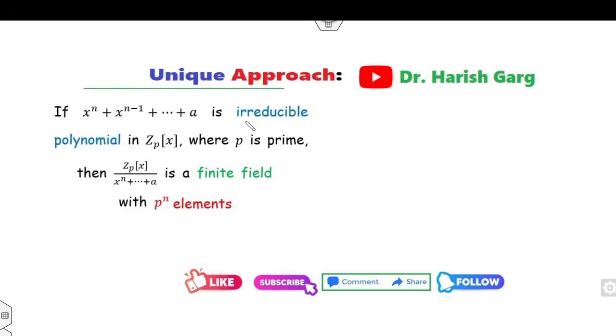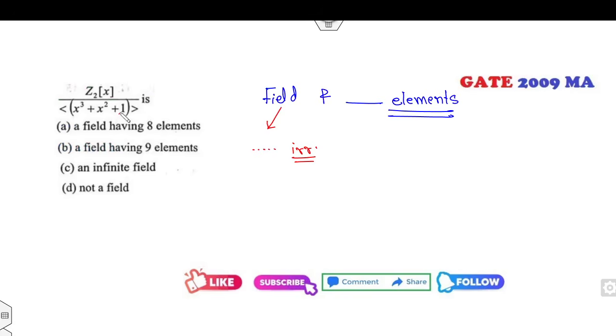Once you prove that this is irreducible, I think all of you know you can use the Eisenstein criteria or any other way. Then the quotient is a field and the number of elements is p raised to power n. Now first of all, how you can prove it is irreducible, I will tell you, but assume that this is a field, then how many elements are there, 8 or 9?